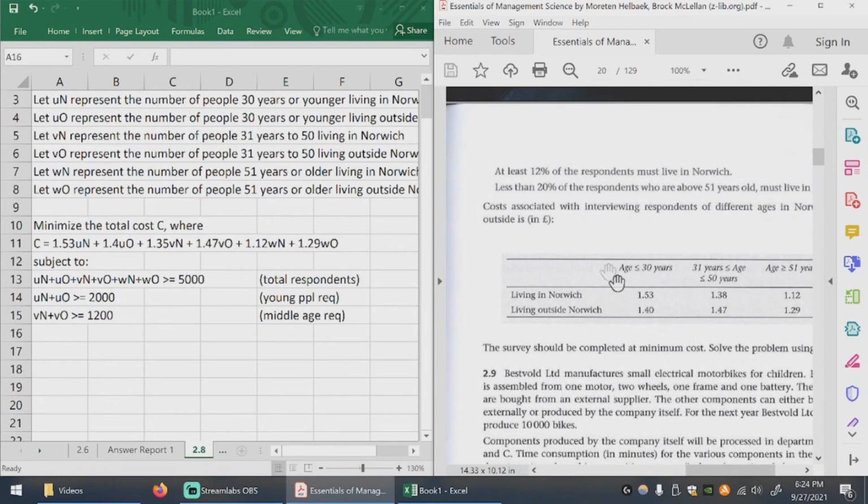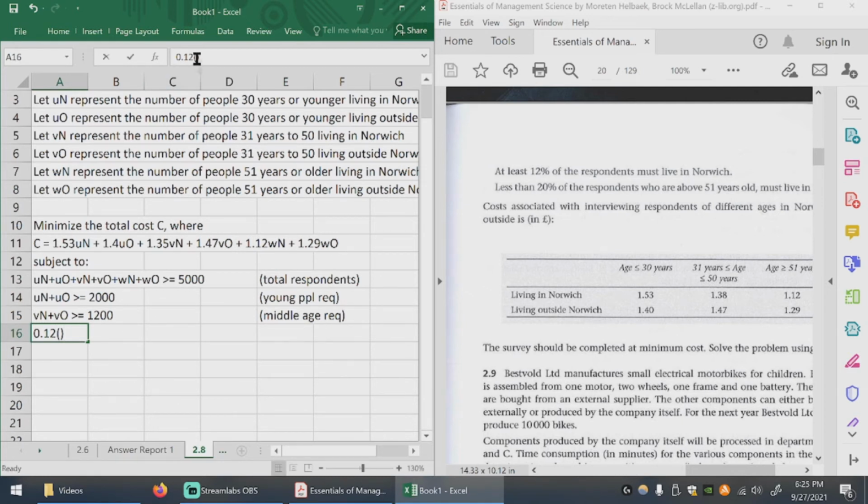Okay, these two are tricky. Slow down, be careful. At least 12% of the respondents must live in Norwich. Let's fill this in slowly. How do I represent 12% of all respondents? It'll be 0.12 times all respondents.